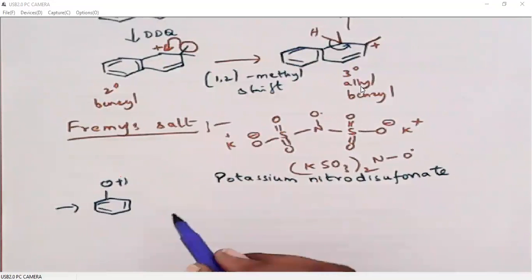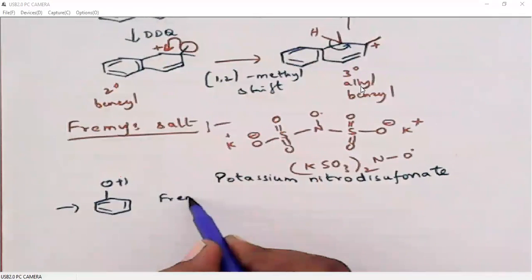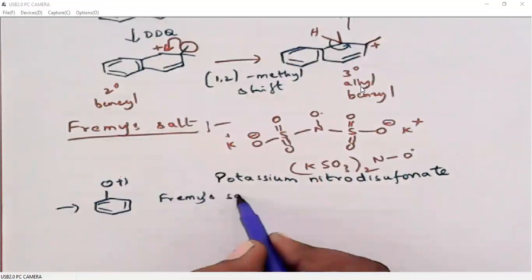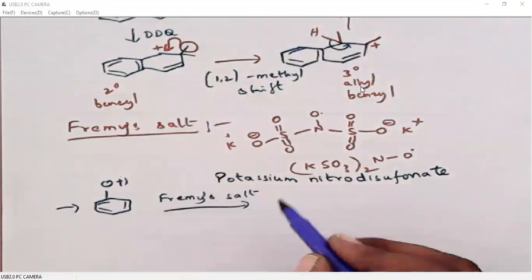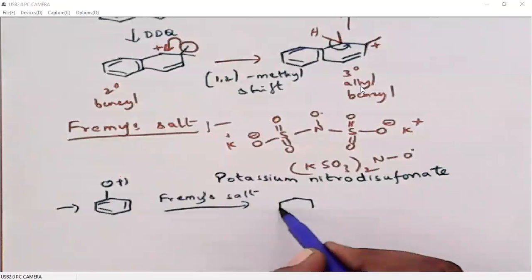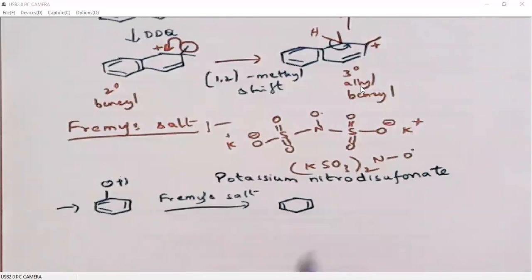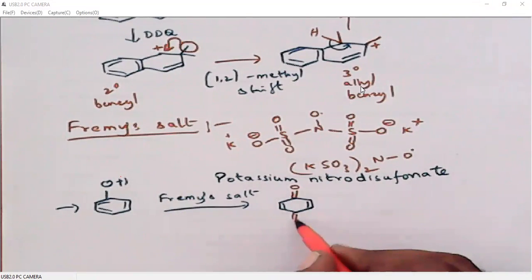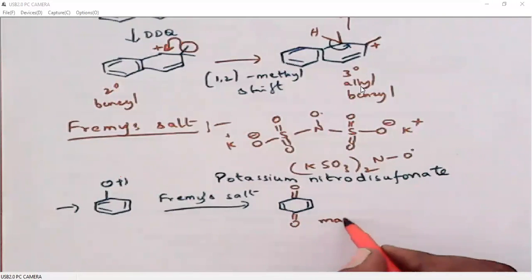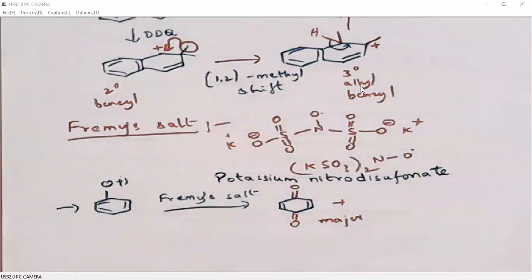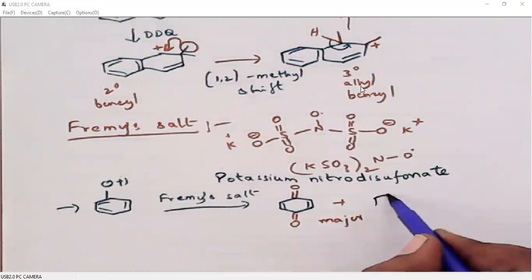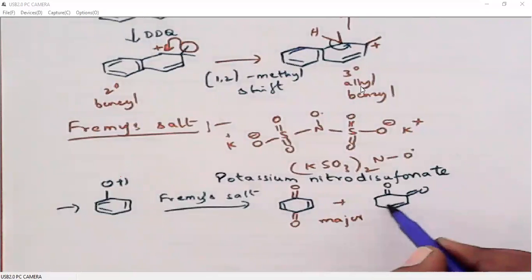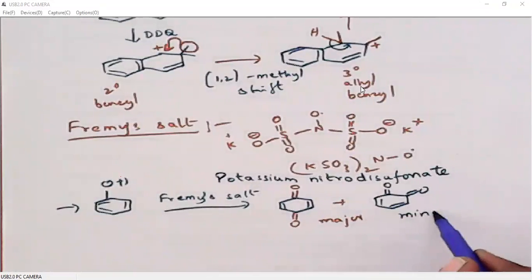When we use Fremy salt for the oxidation of phenol, what we generate is a benzoquinone. This is the major product, and of course we also have some minor product. It is 1,4-benzoquinone as major, and 1,2-benzoquinone is minor.